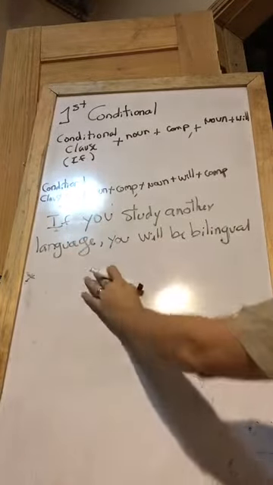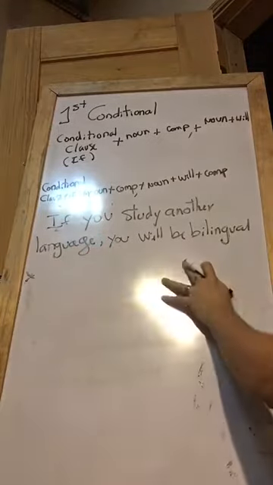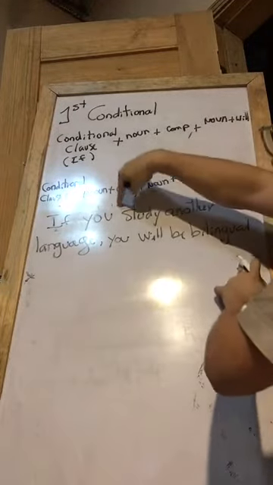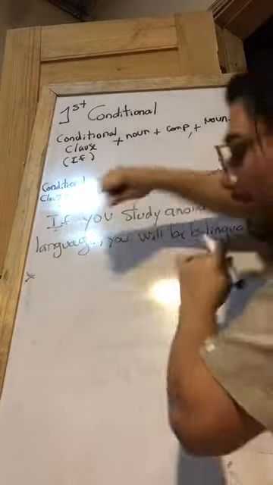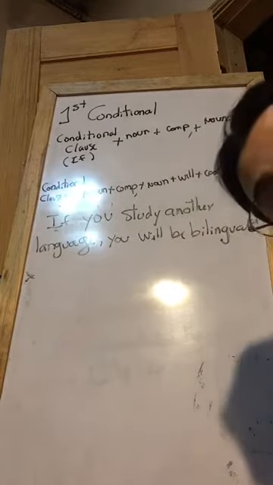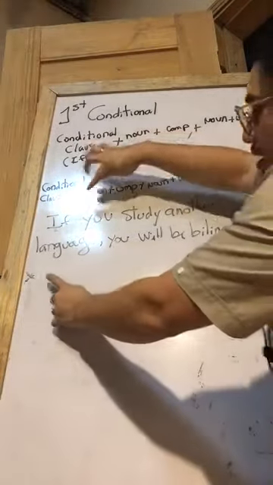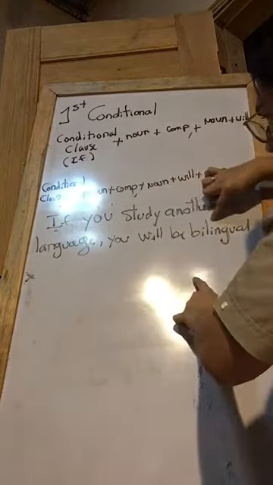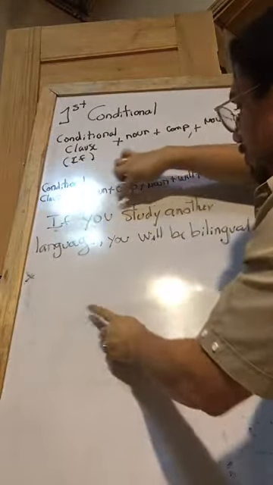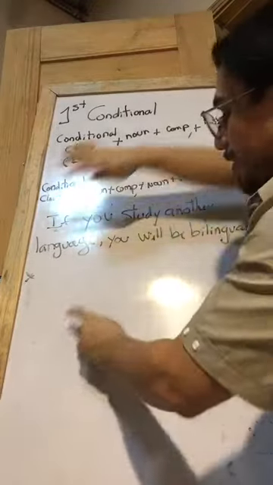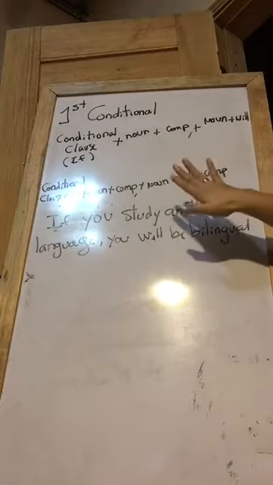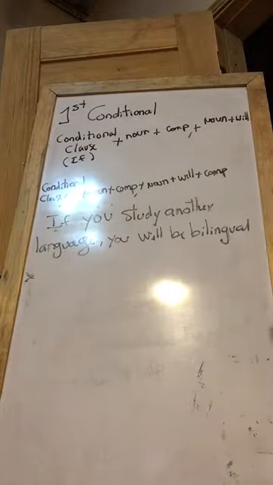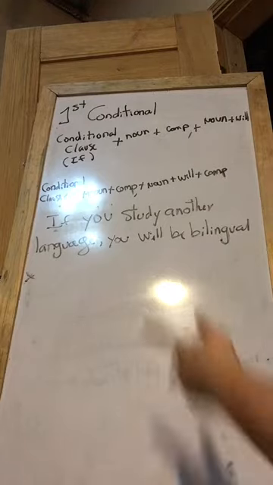You will be bilingual if you study another language. Again, see, you are following the same order. So the first conditional tries to make you understand that you can give a condition to someone in both ways.